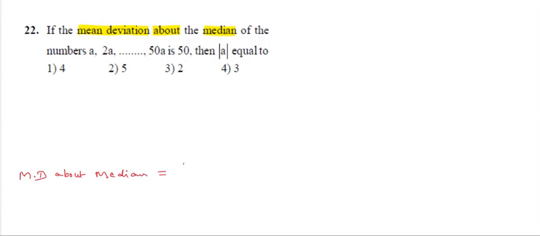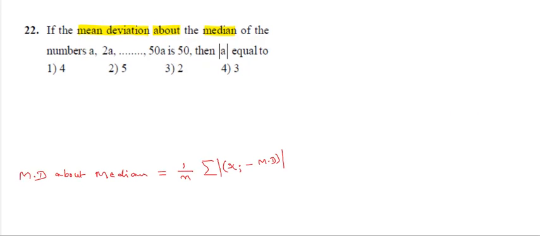It is 1 by n sigma modulus of xi minus M, where M is the median. We need to put the modulus, otherwise the mean deviation will go to 0.